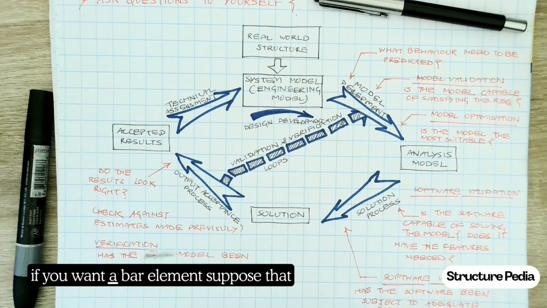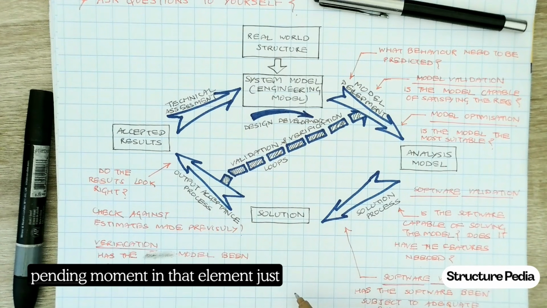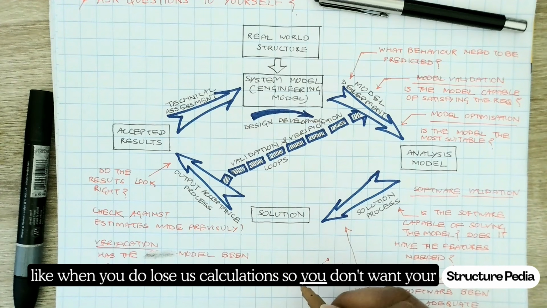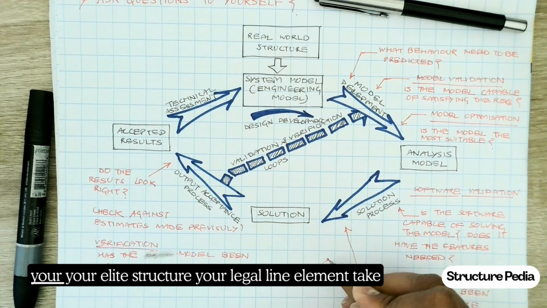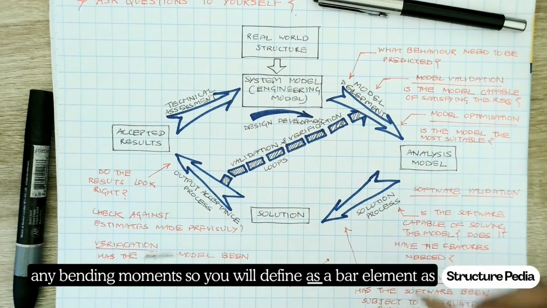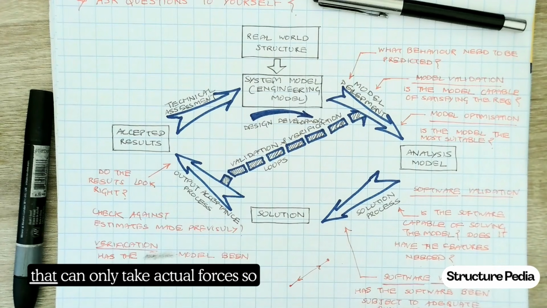So if you want a bar element, suppose you don't want to take a bending moment in that element, just like when you do truss calculations, you don't want your line element to take any bending moments. So you will define it as a bar element, as a truss element, that can only take axial forces.